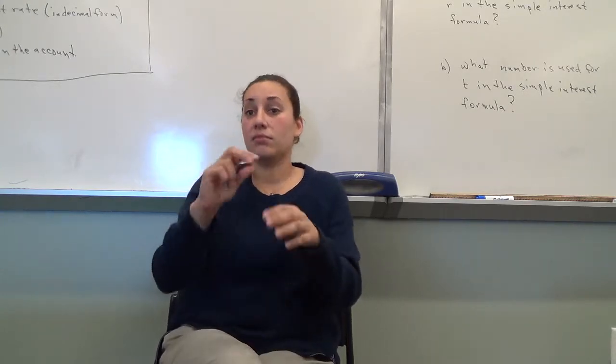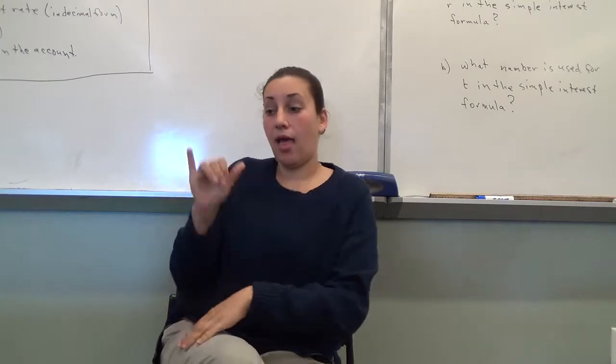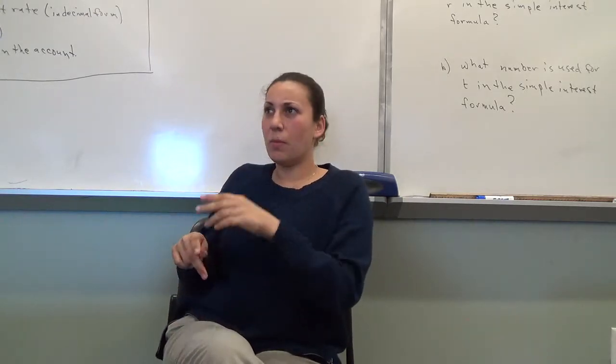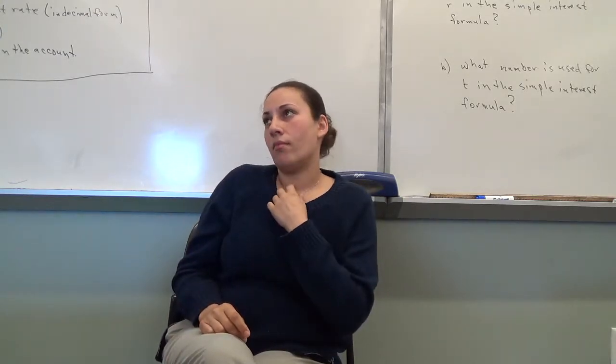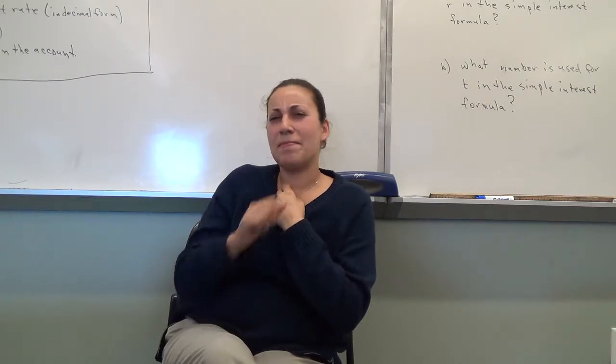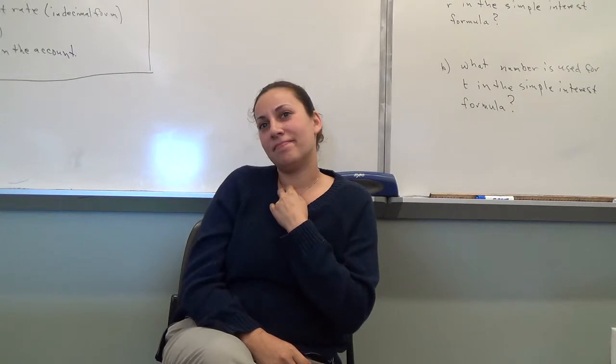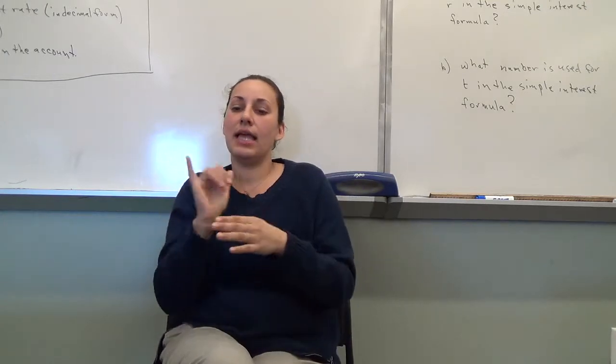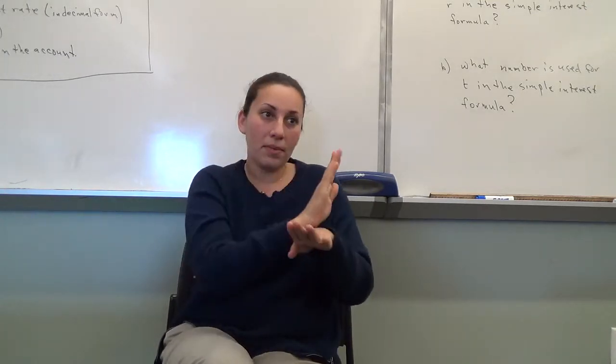Does that sound right? Yeah. All right, so what is her commission if she sells that? Well, this is her commission, right? This is what they're looking for. $31.50 is her commission.